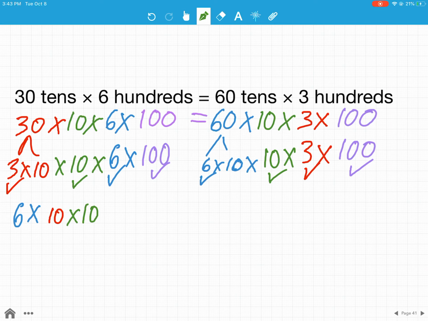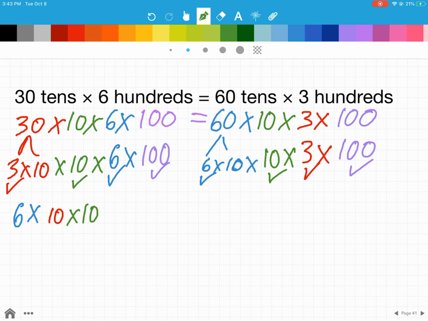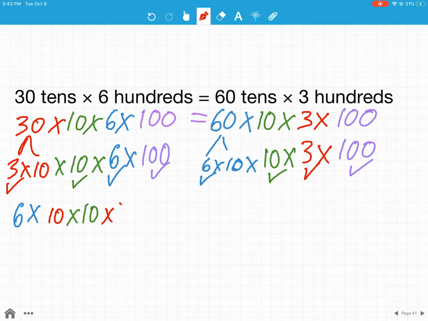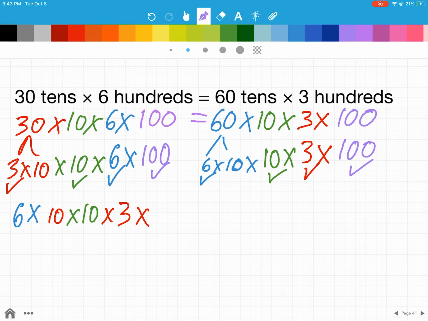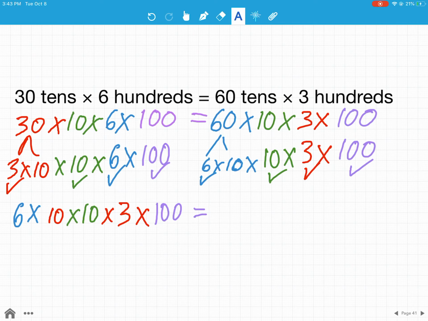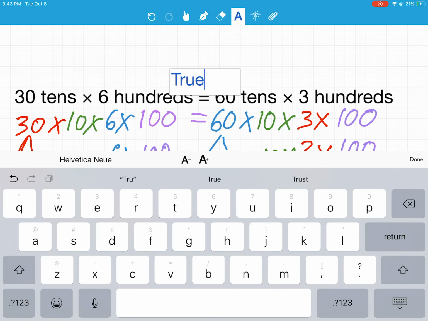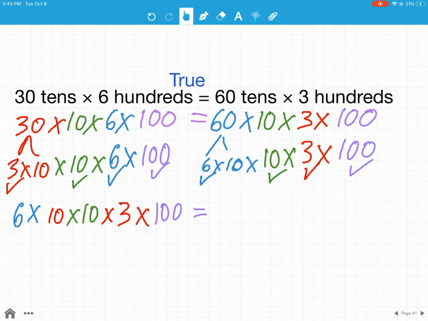Okay, so you see so far it looks the same. And then we multiply it times 3. And then last we multiply times 100. So we do have all of them. All right, so we do have it all here. This is true then. This is a true statement.